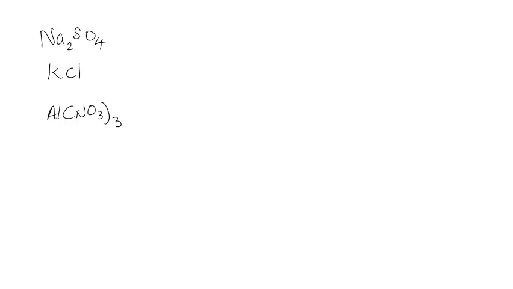Now let us see an example. Say we have these three compounds, and which one will have more effect on lowering the freezing point? Here we have two sodium ions and one sulfate ion, so that means we have three particles. In this case, we have one potassium ion and one chloride ion, that means two particles.